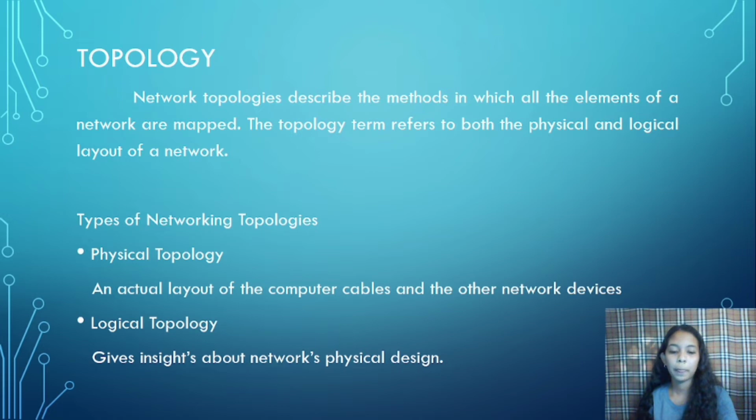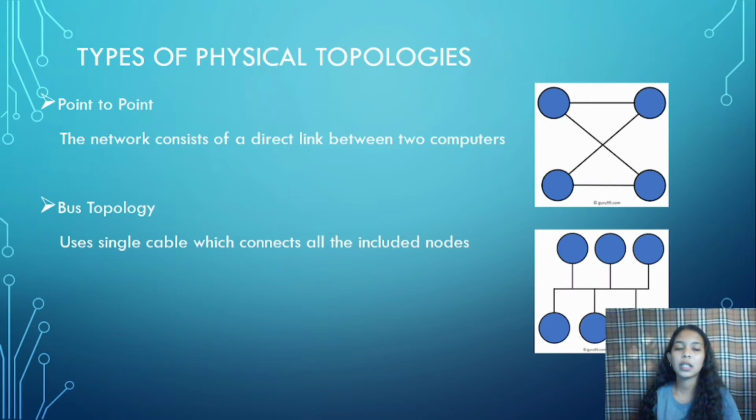Next, so these are the types. We have the types of physical topology. So first is the point-to-point. The network consists of a direct link between two computers, as you can see in the figure. It is the easiest of all network topologies.